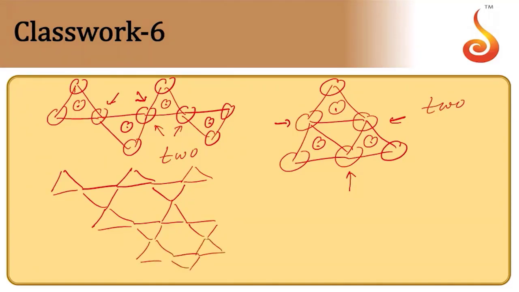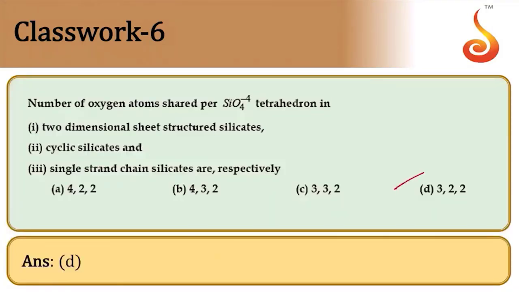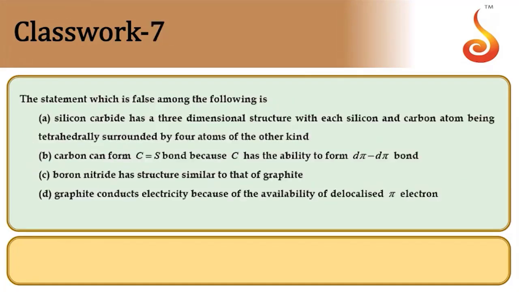So when you take the atom in the middle, for example this one, it is sharing altogether 3 atoms. So 3 atoms of silicate units are shared in the case of two-dimensional sheet silicates. So here 3 are being shared, the remaining are 2, and 2 are being shared there. So the option is D, that is 3, 2 and 2. So in the two-dimensional sheet, 3 are being shared, and in cyclic as well as single chain, 2 and 2 are being shared in these two cases. Next one.